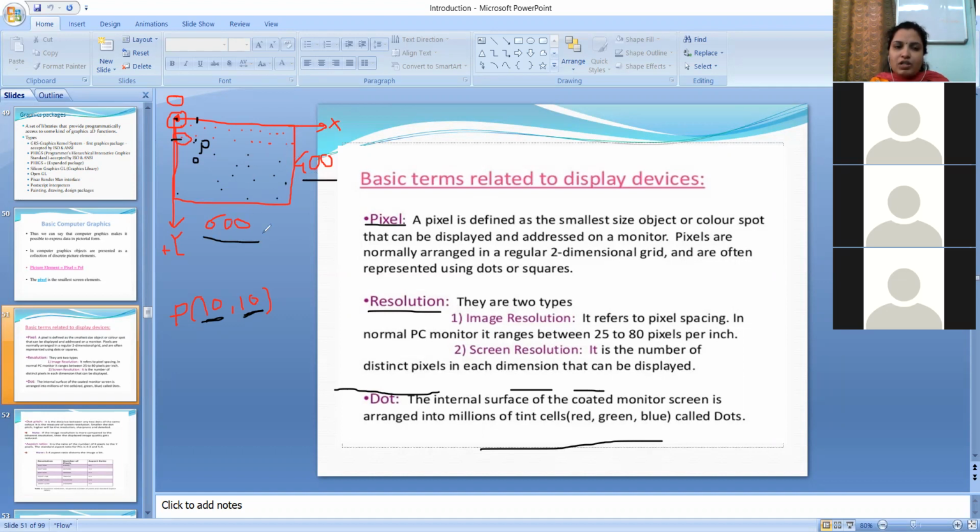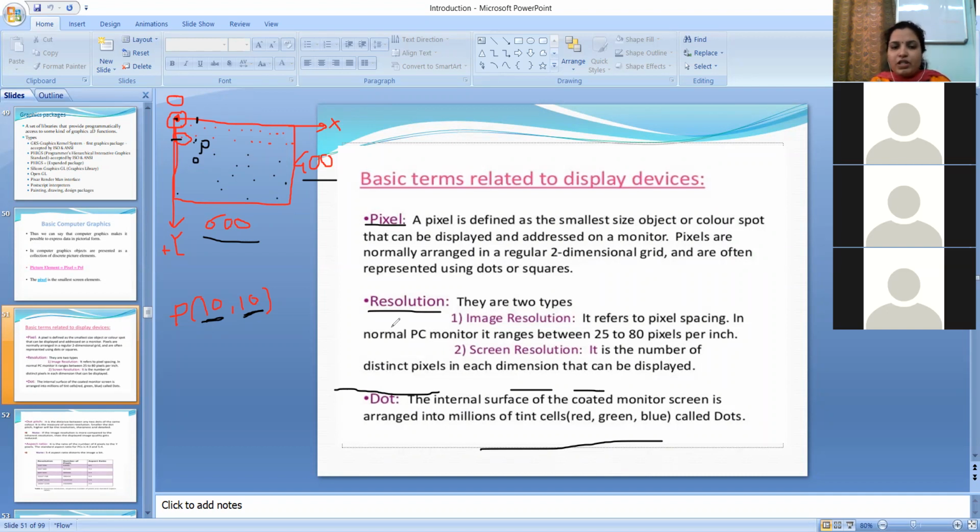When I do 600 by 400, I get 240000 pixels on this monitor, and that becomes your resolution. So total resolution is the number of pixels horizontally by the number of pixels vertically. That is one definition of resolution.